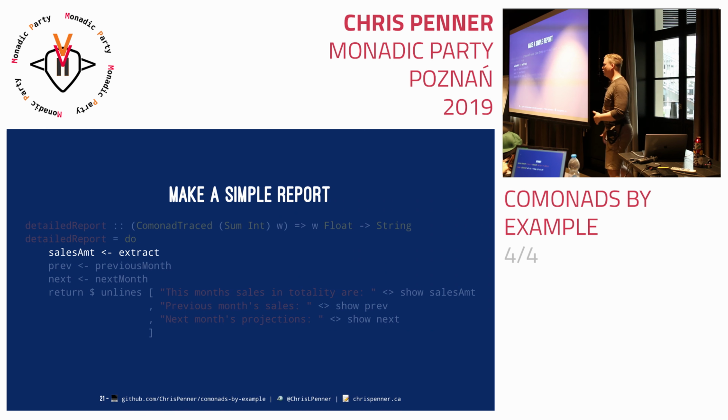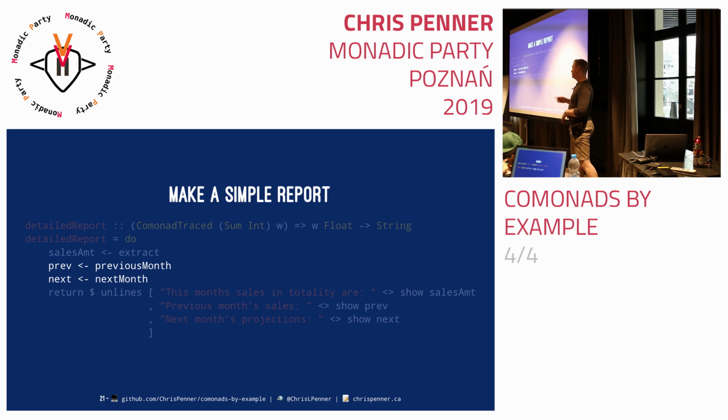So I'm going to use this weird do notation because things are starting to get a little bit crazy. Hopefully it's not too confusing. Just remember we're passing in a W on the right-hand side every single line, okay? We're passing in our Comonad. So we're going to extract from our current position and get the current sales for whichever month we're calculating. I'm going to look at next month's sales and previous month's sales by looking one forward and one back.